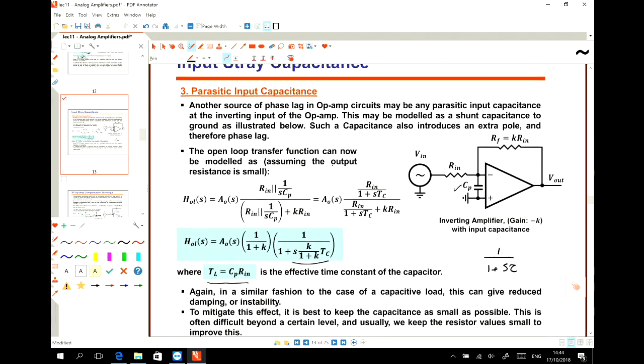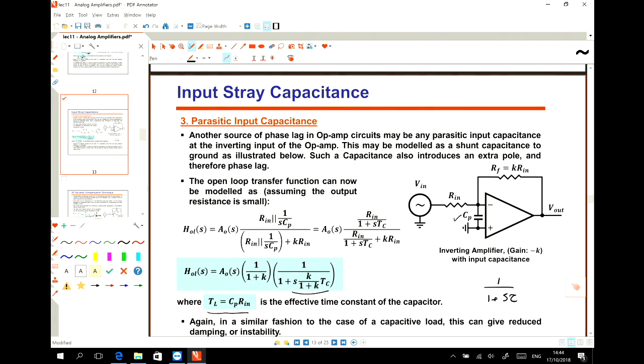And the third one was the input stray capacitance between the two inputs, inverting and non-inverting inputs. If there is a capacitance between these two, again, if we draw the circuit model for this, we reach this formula, and again you see that we have another pole.